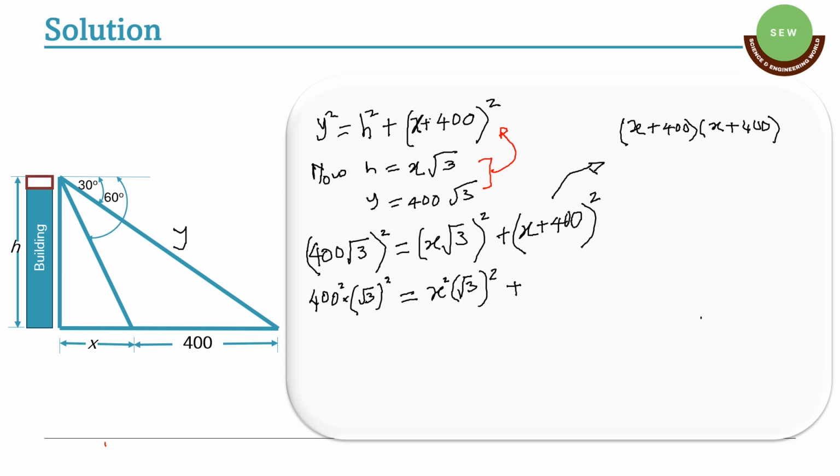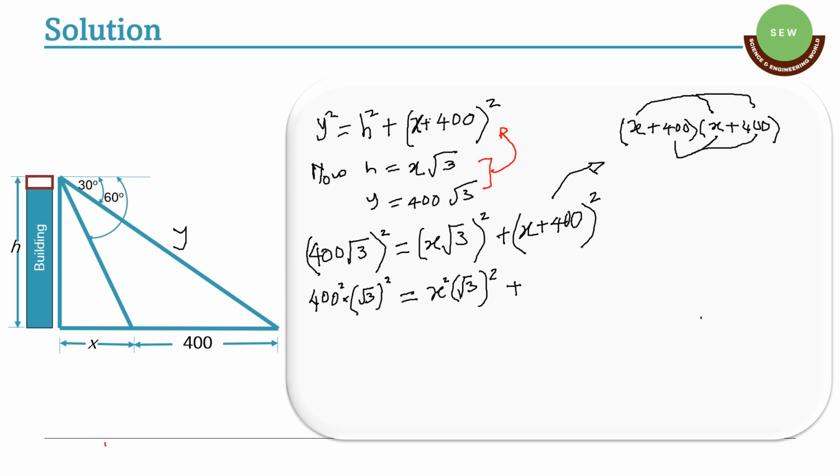This x will multiply this x, and it also multiplies this 400, and this 400 will multiply this x, and it will also multiply this 400.